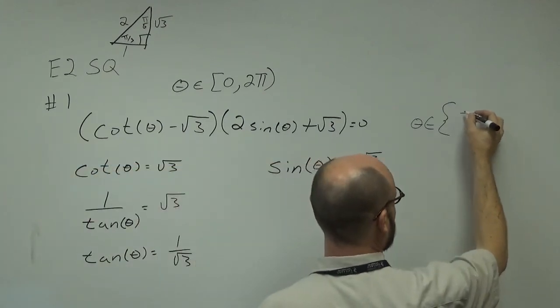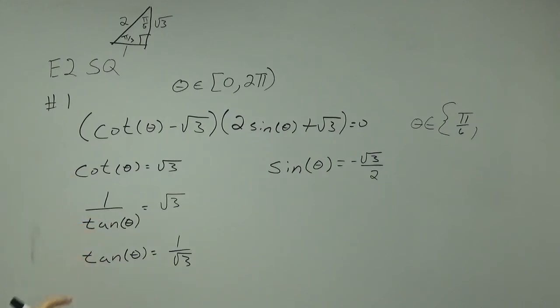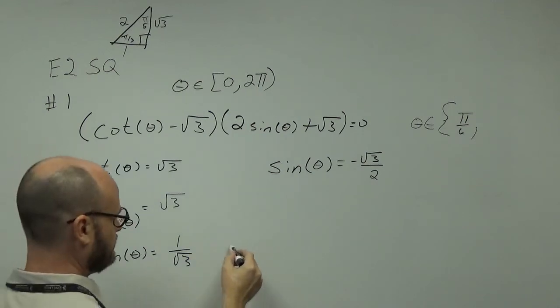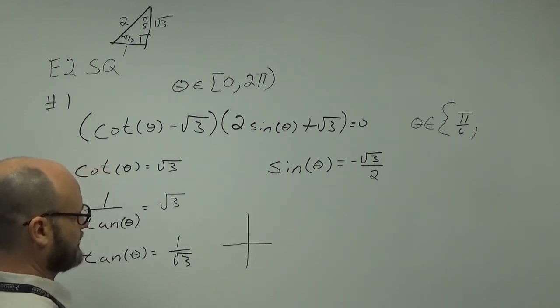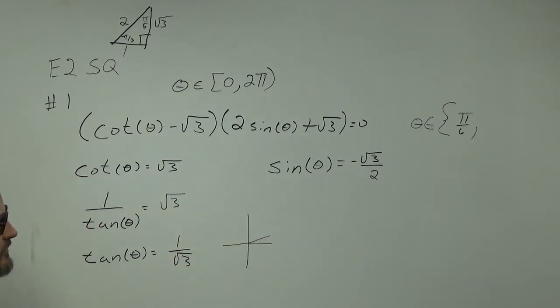Now that's the first time, on the interval from 0 to 2 pi, that it equals 1 over root 3. We know that pi over 6 is a reference angle, and we know that the tangent is positive, so we already have this answer. We know it's positive in quadrant 1.